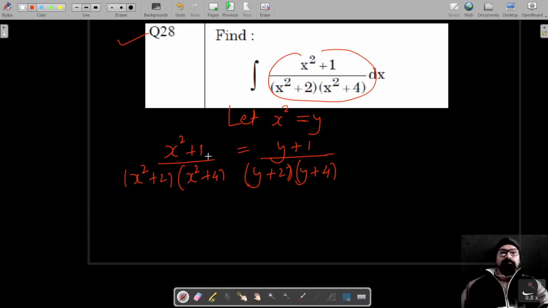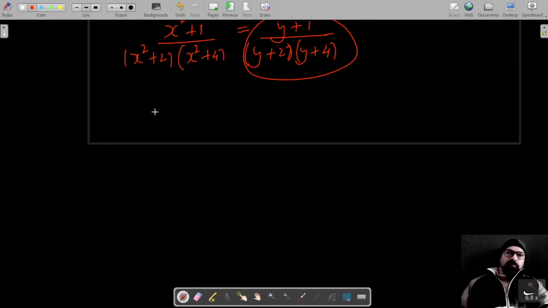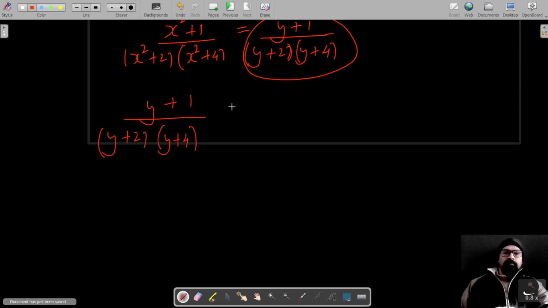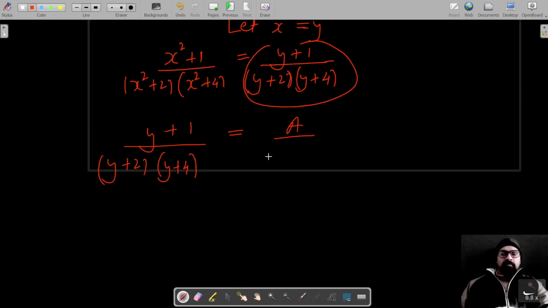Now the partial fractions of this, y plus 1 upon y plus 2 into y plus 4, can be written as a upon y plus 2 plus b upon y plus 4.